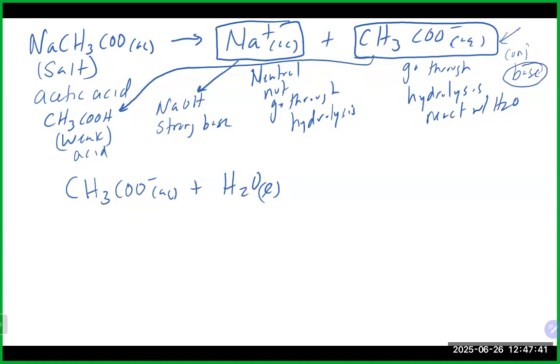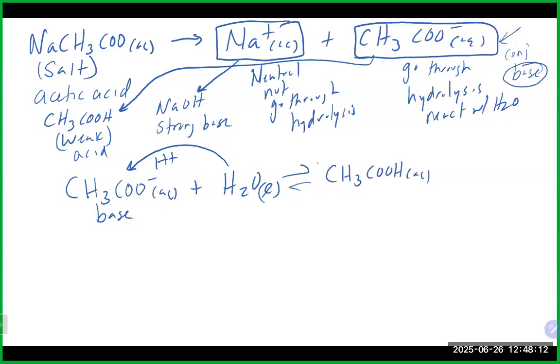It's going to be a Bronsted-Lowry base, which means it's going to accept the H plus, and it is the water that's going to send the H plus over because it will react as a base with water. When you put that H plus back on, you get our acetic acid back.